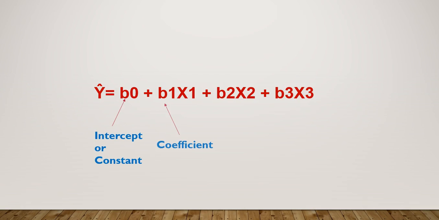So what is the meaning of this intercept or constant compared to the other coefficients? In case all the other coefficients here equal 0, we will have the minimum sales in this case.